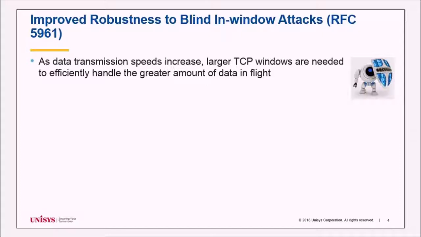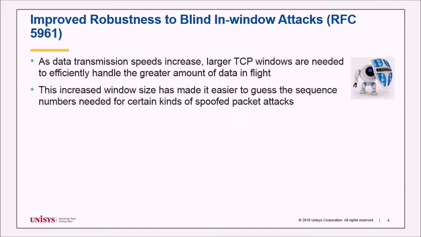And as transmission rates increase, larger TCP windows are used to efficiently handle the greater amount of data that's in flight between endpoints. The increased window size has made it easier for an attacker to guess sequence numbers that are in use for connections and to try to insert spoofed packets.